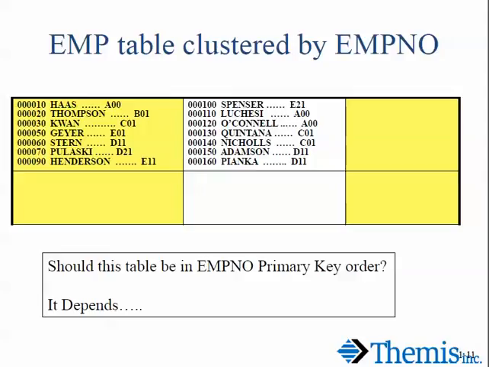There are table designs that you can make larger page sizes. Most of them are 4K. So on a 4,000 byte page or chunk of that physical file, we have so many rows of data. So this is an example of the employee table. It happens to be in employee number order. Employee number is the primary key of this table.